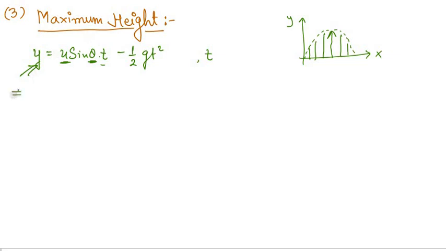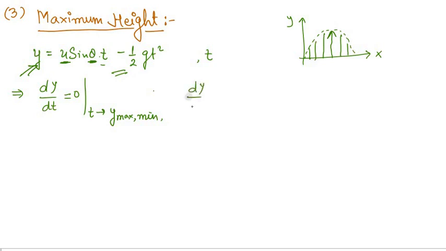From the knowledge of our calculus, we should differentiate with respect to time. The first derivative should be put equal to 0. That will give you the time at which y is maximum or minimum. Then we should check the second derivative, whether that time corresponds to maxima or minima. So let's do the first derivative of this equation.